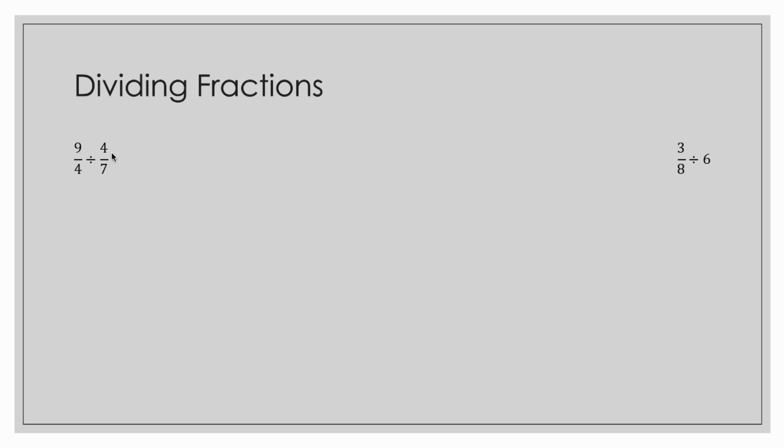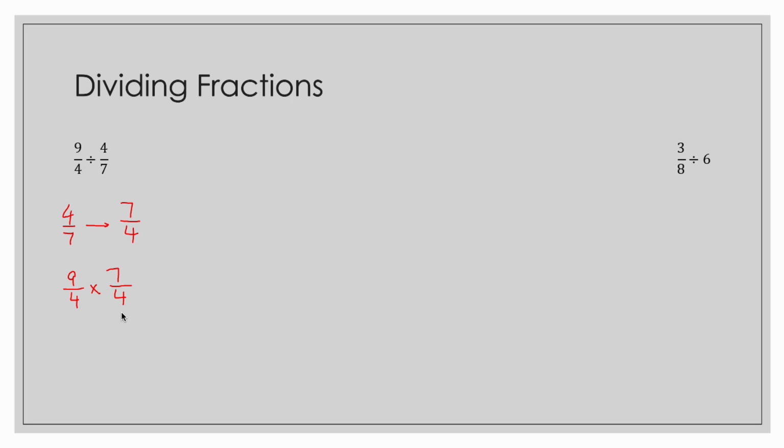The reciprocal of 4/7 is equal to 7/4. See? So now this becomes 9/4 times 7/4. And to see why this makes sense, I have linked another video in the description explaining this.